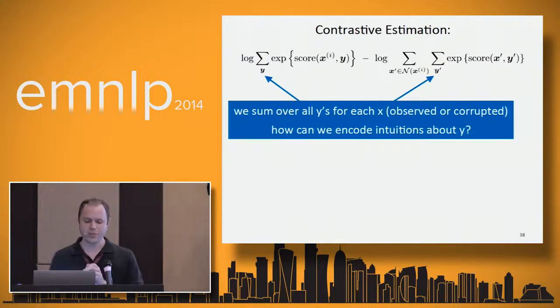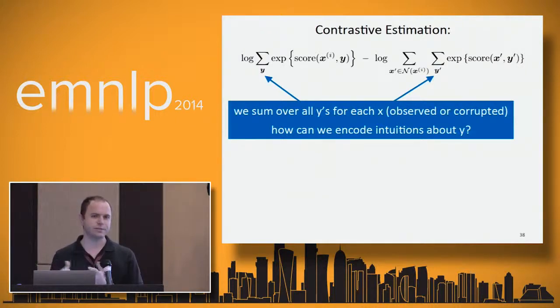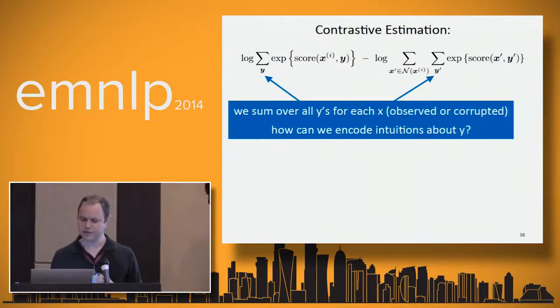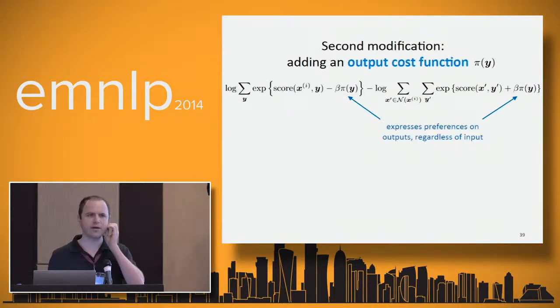And so the only way that we're getting in any information about y is via features. But the feature weights get learned, and so there's no way to inject a specific bias into what we would like y to look like. What kinds of part-of-speech tag sequences do we actually want to get? So now we're going to introduce a cost function that helps us to encode our prior beliefs about y.